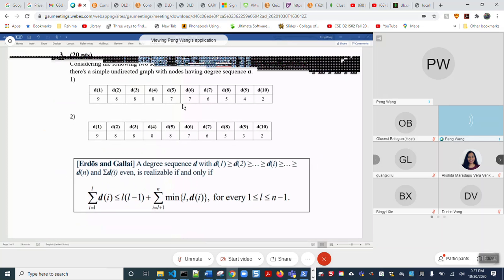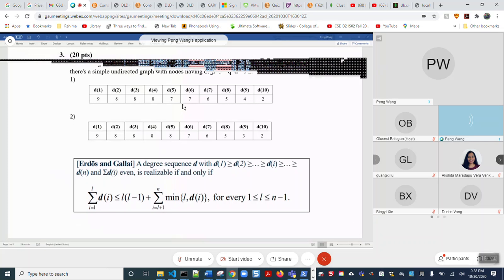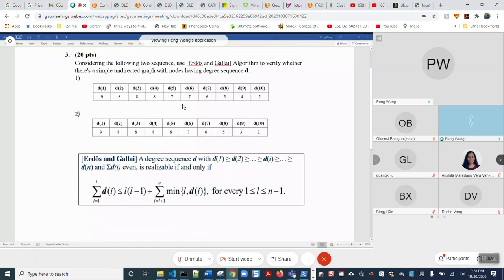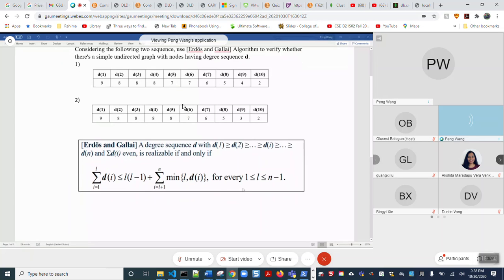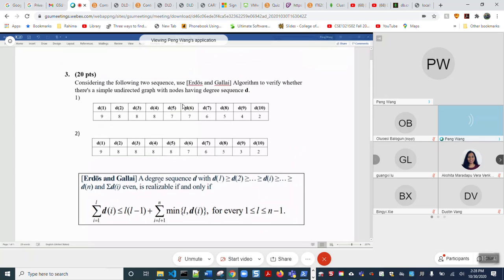And let's see. It is in the slides, graph annotation, page 49. And if you're following this formula, you should get the answer.